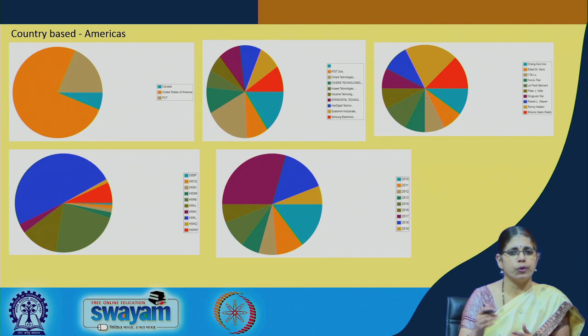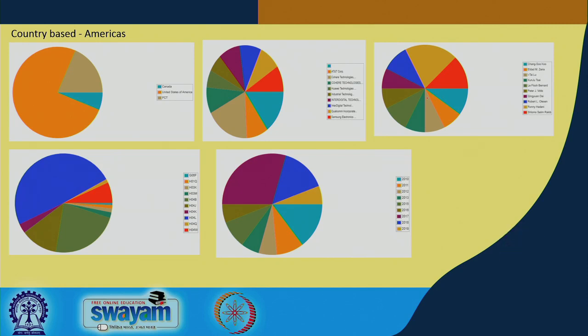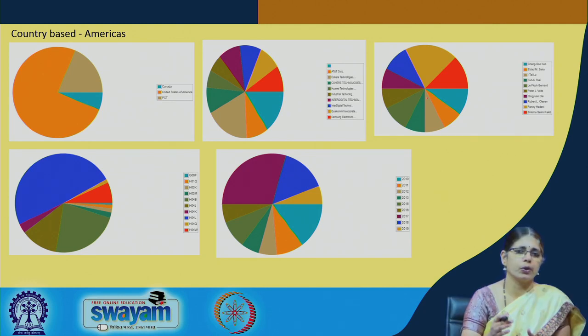Similarly, you can have different geographies which can be taken into consideration for looking at the patent data spread in those relevant geographies. So, if you look at Americas itself as the data set, when you filter the data utilizing the option of country, here you have the data set that comes up.